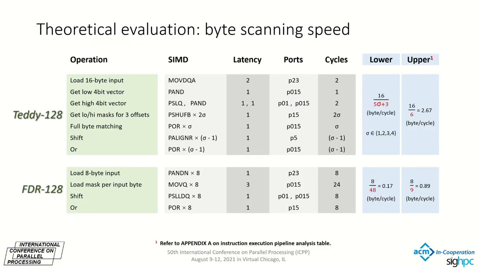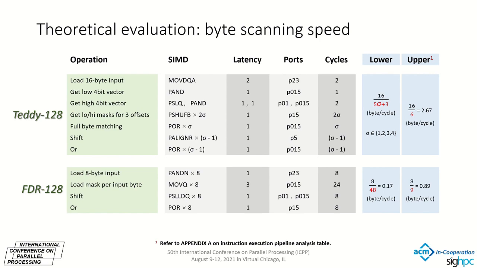In this part, we evaluate performance through theory. We sorted out all the operations and instructions of Teddy and FDR and calculated cycles through the latency and port. If the theoretical model is adopted, cycles is 5 multiplied by delta plus 3. Since 16 bytes are processed at a time, the worst performance is 16 divided by cycles.